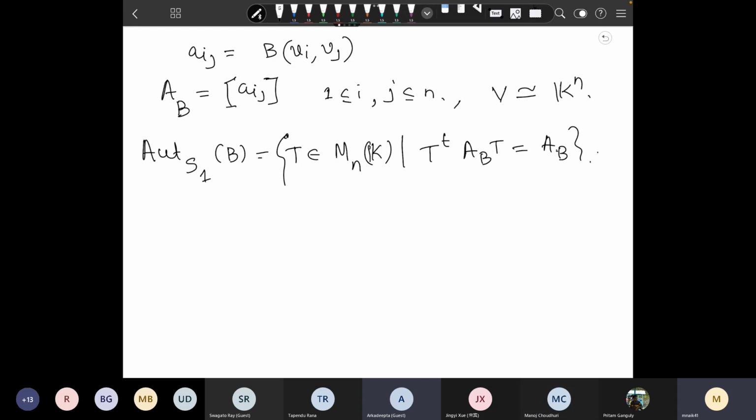Yes. Okay, so now a question. Suppose S2 is another ordered basis, b1 prime, b2 prime, up to bn prime.